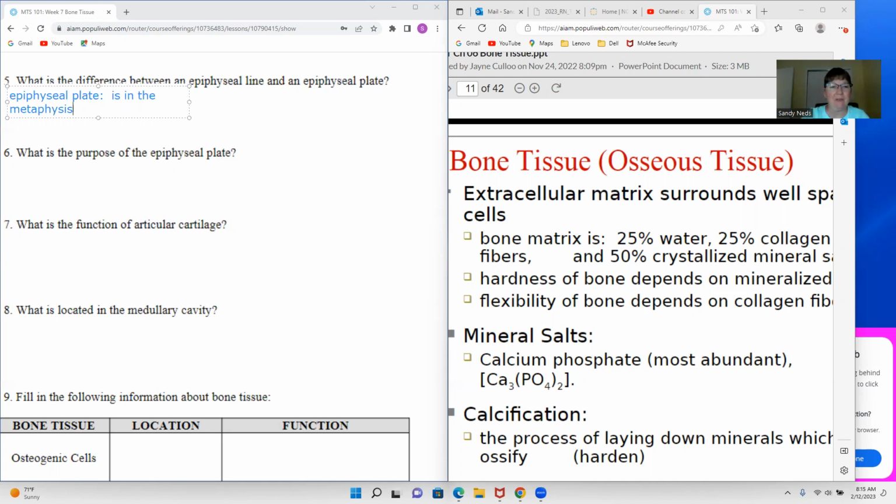So it's in the metaphysis. It is cartilage.